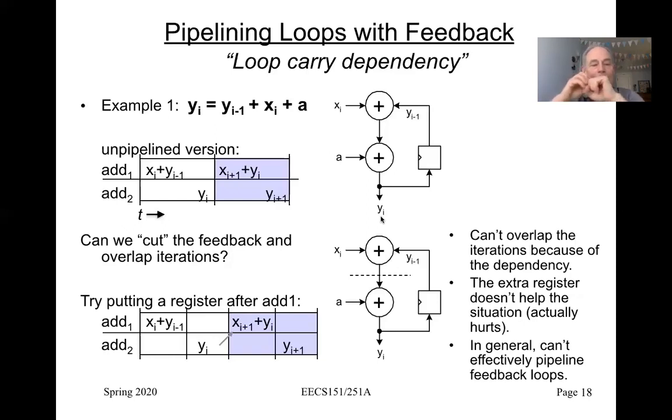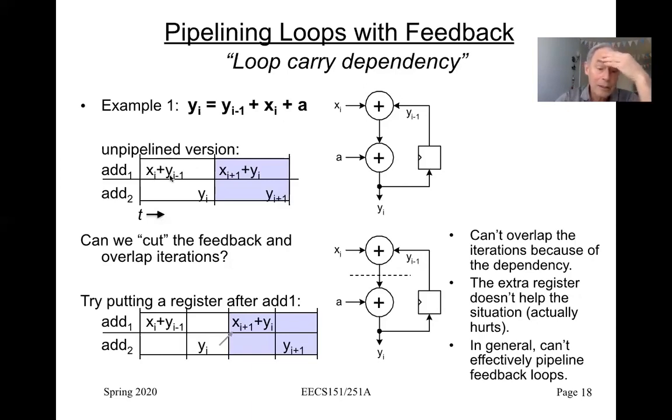So if we look at the kind of schedule of this, how this executes in time, here's an unpipelined version here. So we need two adders. So I'm going to look at the use of each adder, right? And they're both operating on the same clock cycle, so we're going to put them in the same column here.